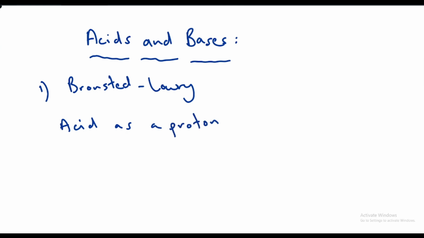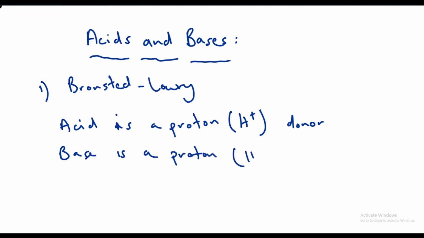Now, in the topic acids and bases, when we speak about a proton, what we mean is the hydrogen ion. So it is a hydrogen ion donor. So a base should naturally be a proton acceptor. Right? And so that's our first set of definitions according to Bronsted and Lowry.